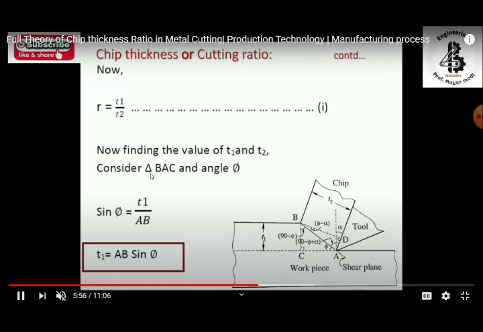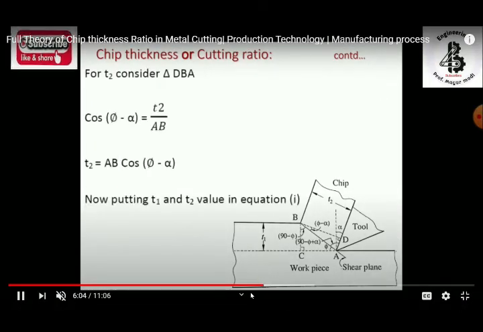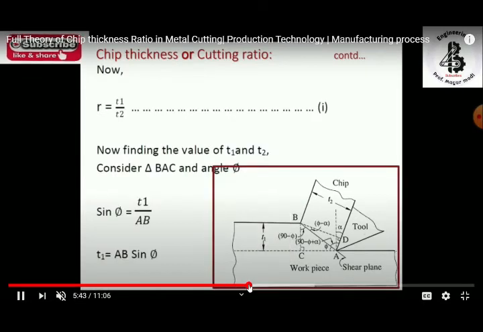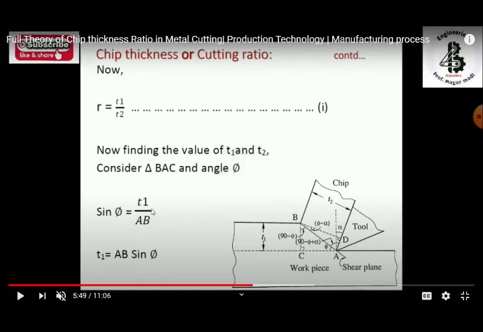Now consider the triangle ABC and angle phi. In triangle ABC, sin phi is equal to T1 divided by AB. By cross multiplication, T1 is equal to AB sin phi. Otherwise, AB is equal to T1 divided by sin phi.